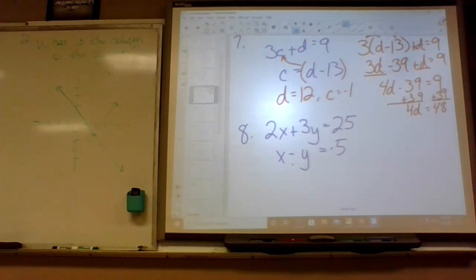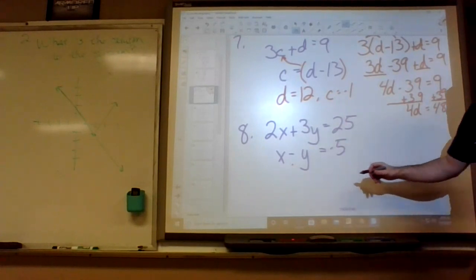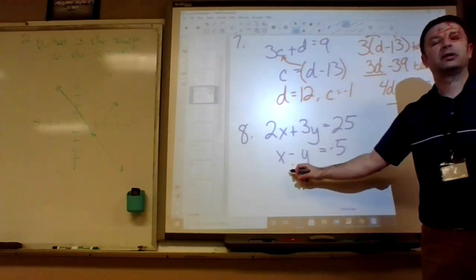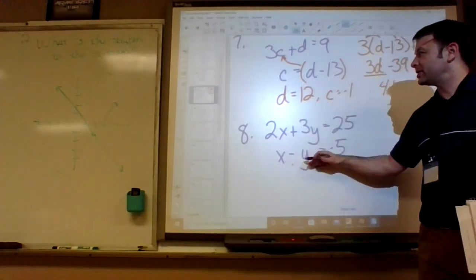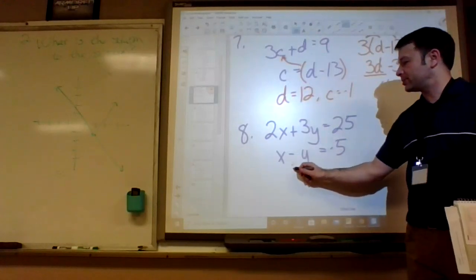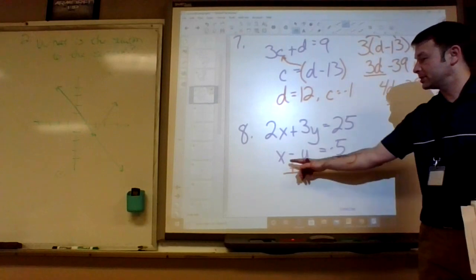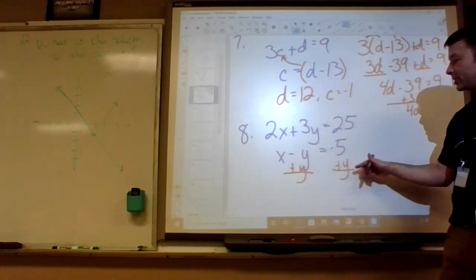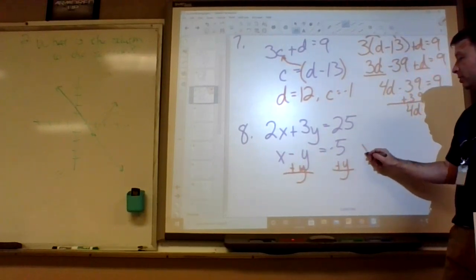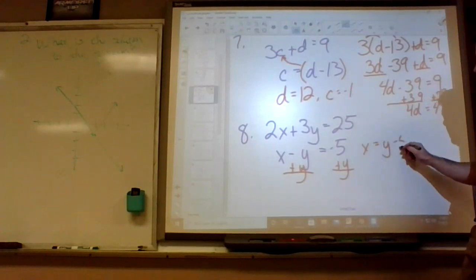What's a good first step for number 8? Plus y. Right, we need to get an equation that says x equals or y equals. So if we add y, then we'll have an equation that says x equals negative 5 plus y, or you could call it y minus 5.